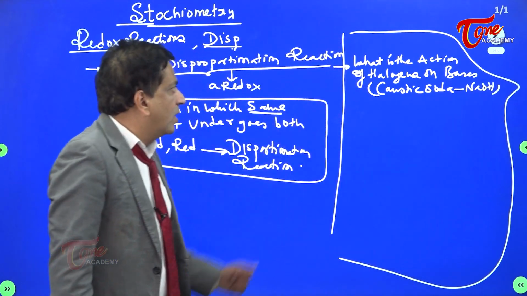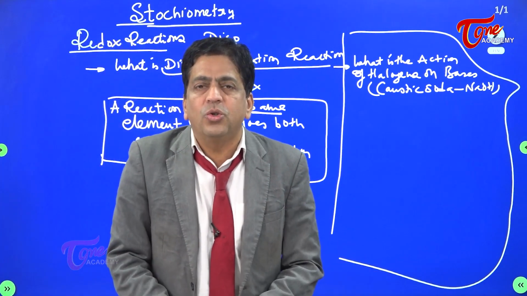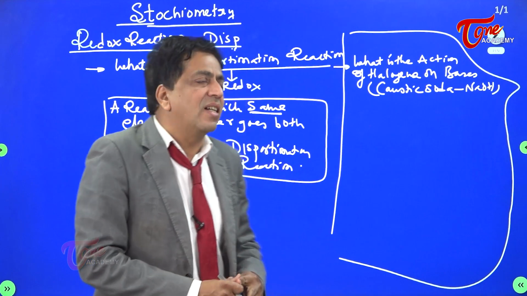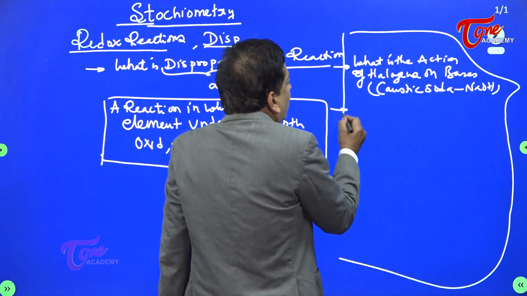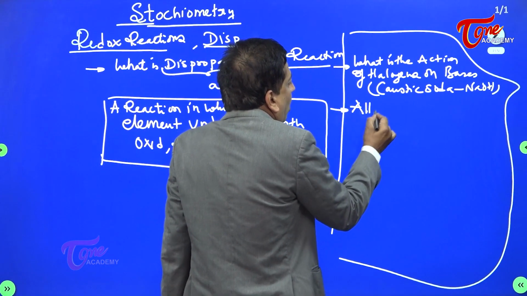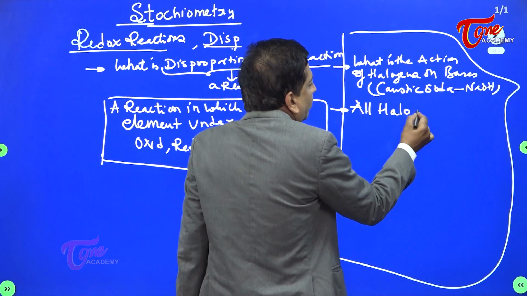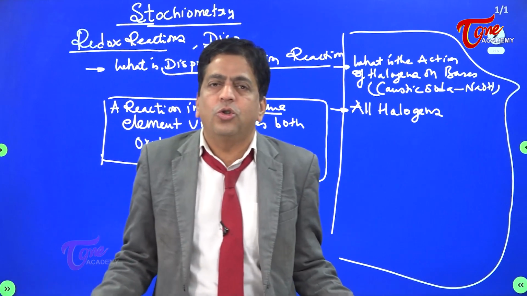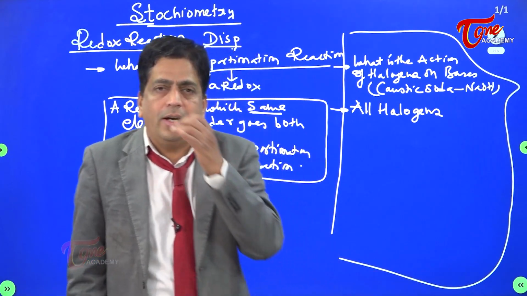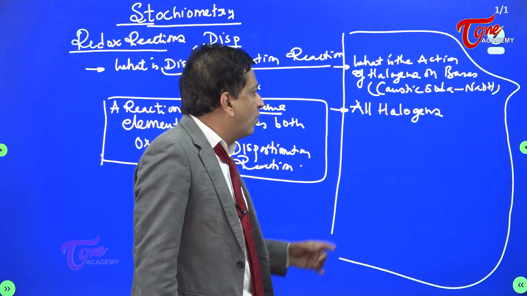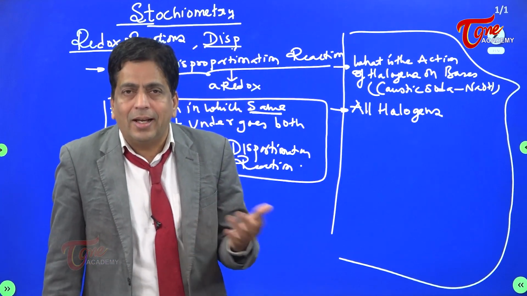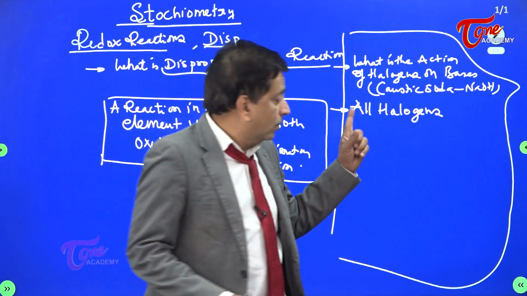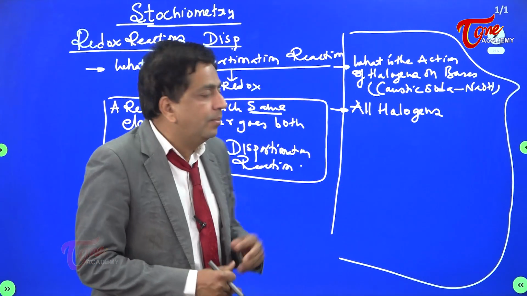If someone is asking this question, what is the action of halogens on caustic soda, then you must be answering in this fashion. In fact, I would like to write it here. The question is, what is the action of halogens on bases like caustic soda? This is a very important question in your exam.